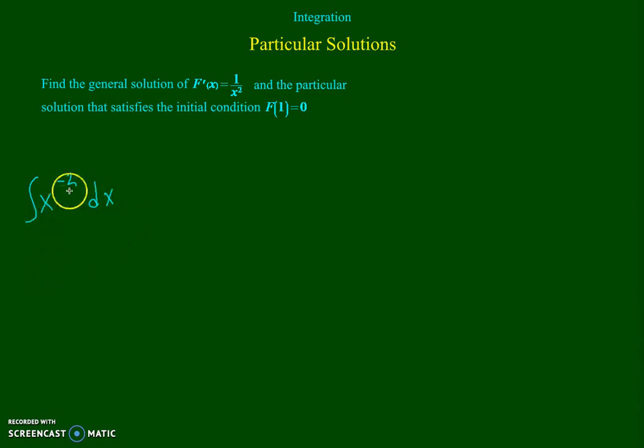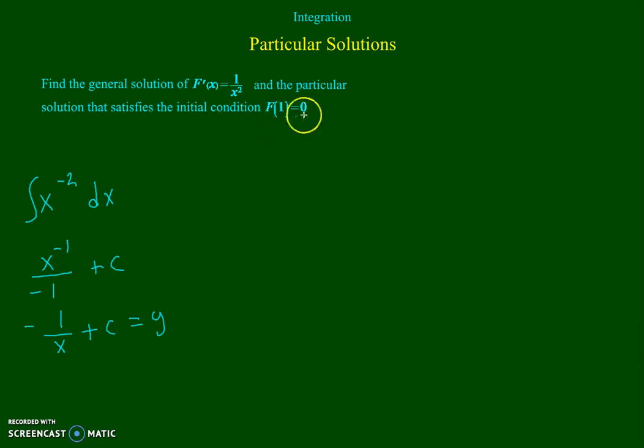And to integrate this, we add 1 to the exponent, x to the negative 1, over the new exponent, negative 1, plus c, which gives us negative 1 over x plus c. And that, of course, is equal to y, or we could have said f.